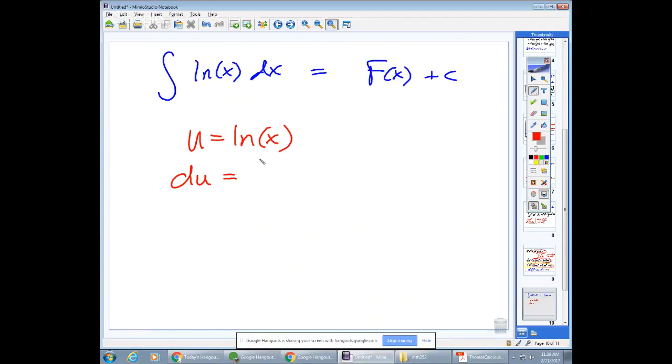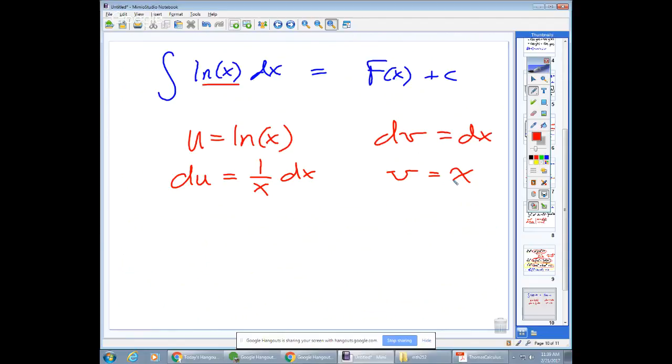1 over x, and then let's not forget our dx. All right, so I've used up the natural log, so that means my dv has to be just dx. And if that's the case, what does v have to be? Just x.